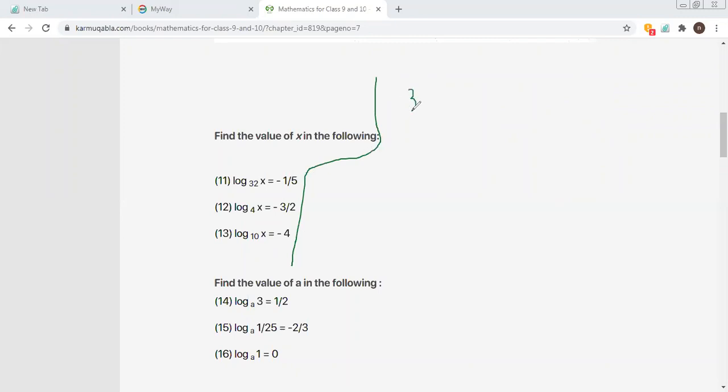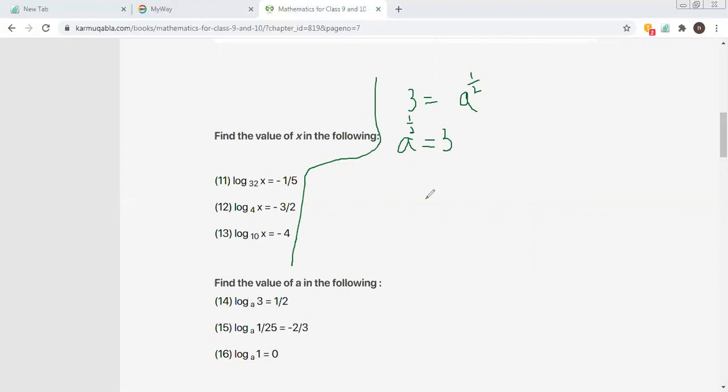So here the base is unknown and it becomes 1 upon 2. Right, class? Yes. So for this, first we rearrange the values. Unknown term we will write on the left hand side and known terms we will shift to the right hand side.